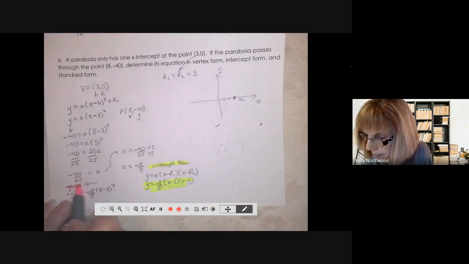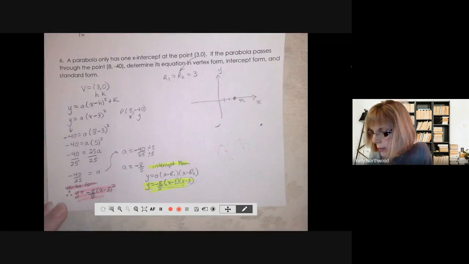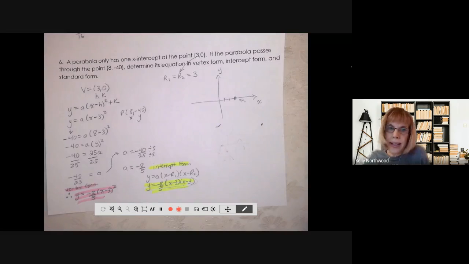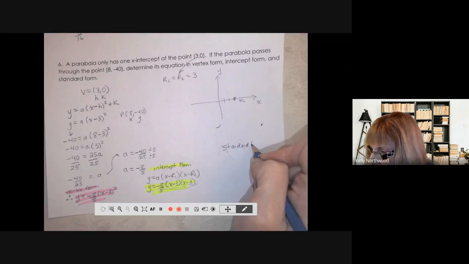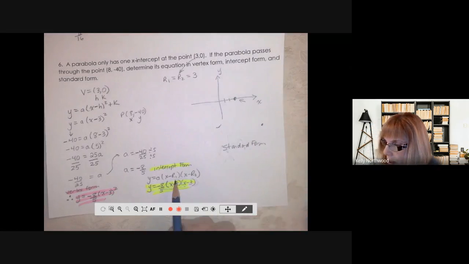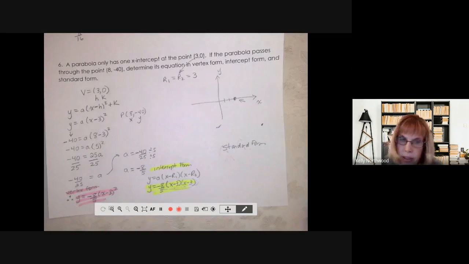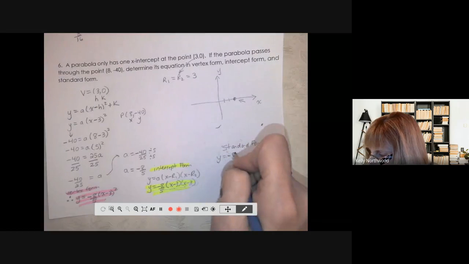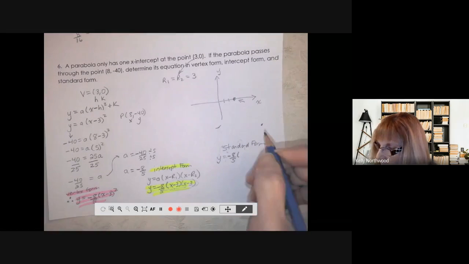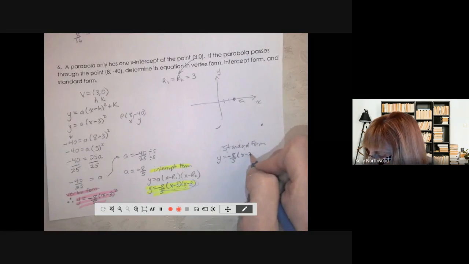Vertex form is this form here. I like using the highlighting or boxing because for standard form, what you write first isn't standard form because it involves you either expanding out the intercept form or the vertex form. So I'm going to expand out the intercept form.